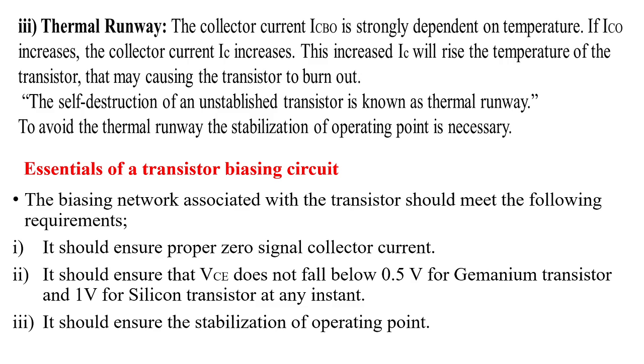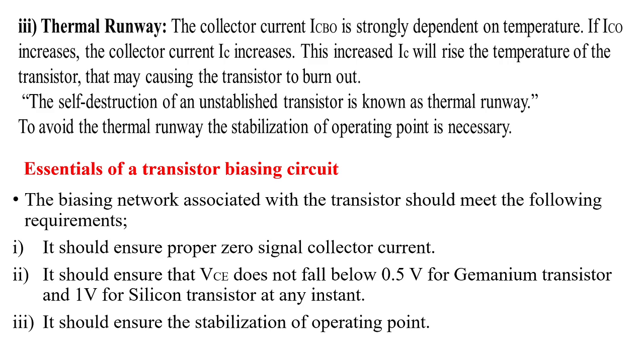The flow of collector current IC produces heat within the transistor. This increases the temperature of the transistor, and the collector leakage current ICBO is highly dependent on temperature. The increase in temperature increases ICBO. It is clear from the equation that the collector current increases by (beta plus 1) times ICBO.